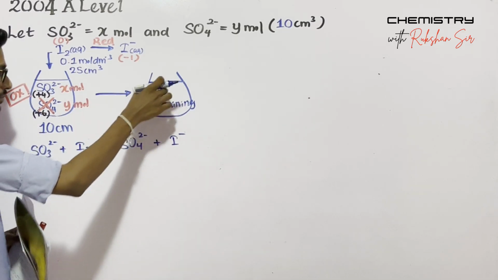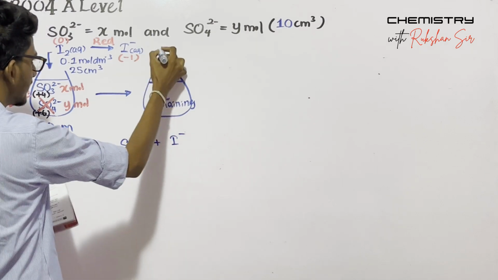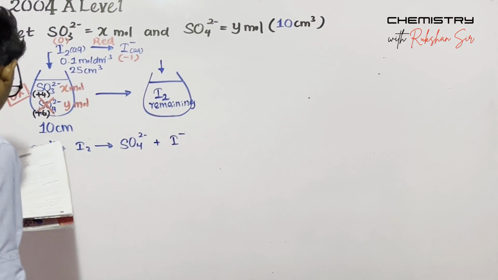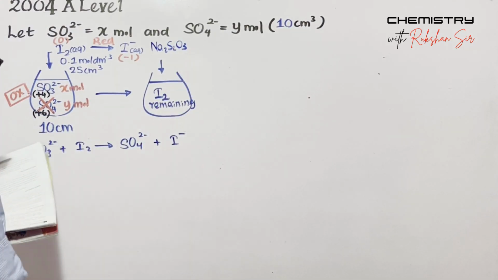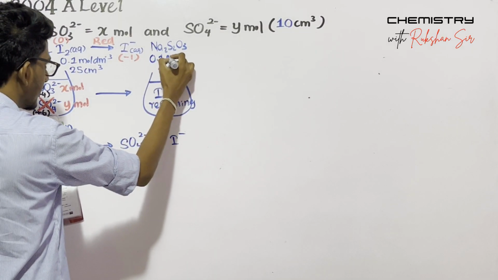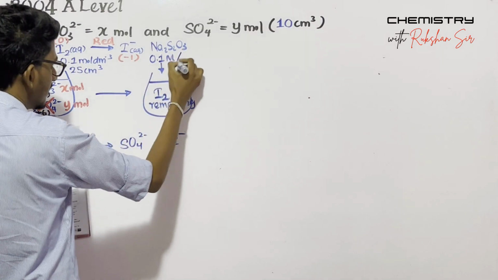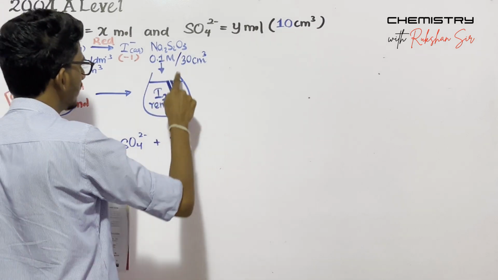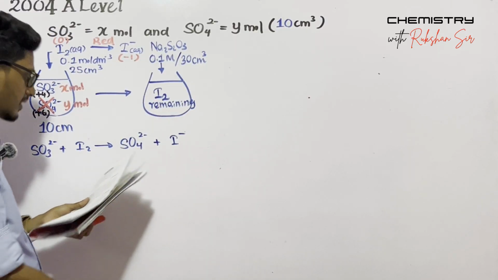To react with the I2 remaining, a Na2S2O3 solution was used. 30 cubic centimeters of 0.1 molar Na2S2O3 was required to completely react with the I2 remaining after the first reaction. That is what it says.